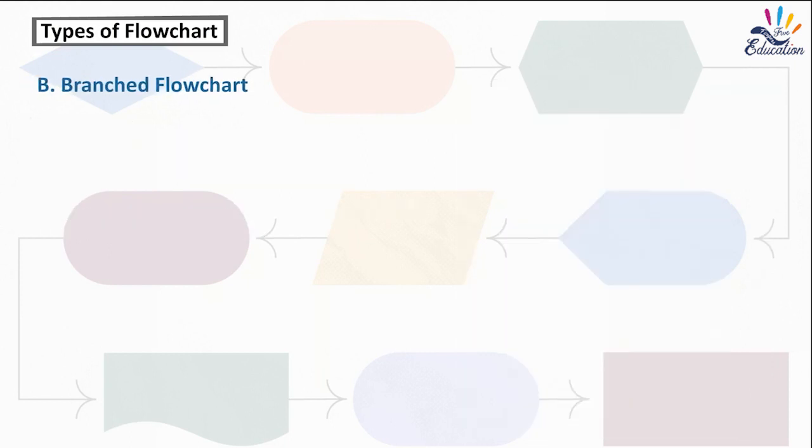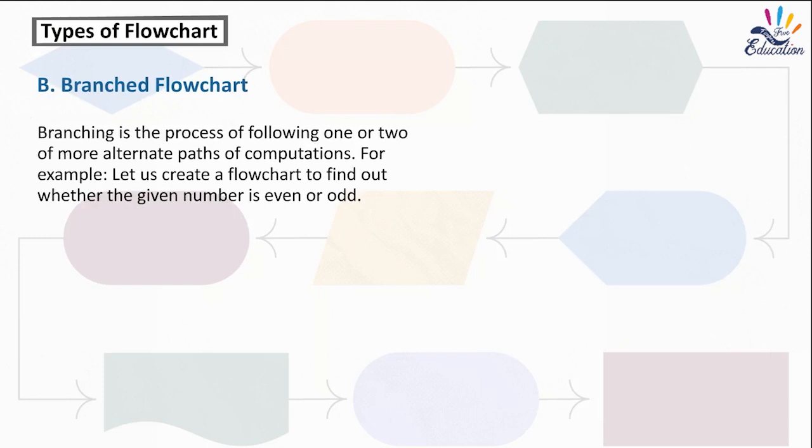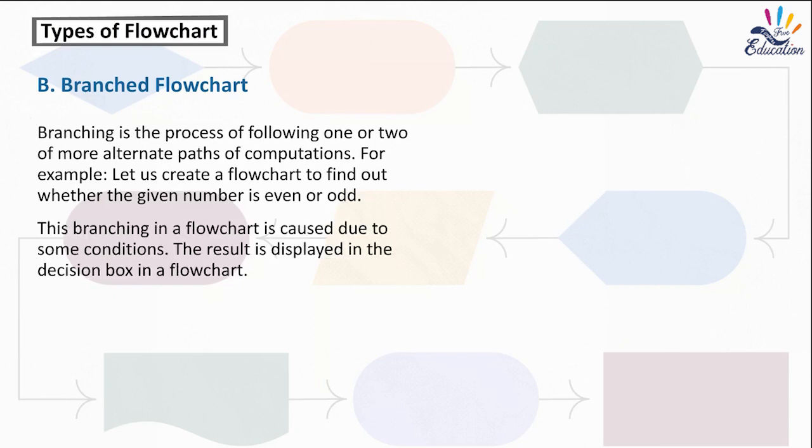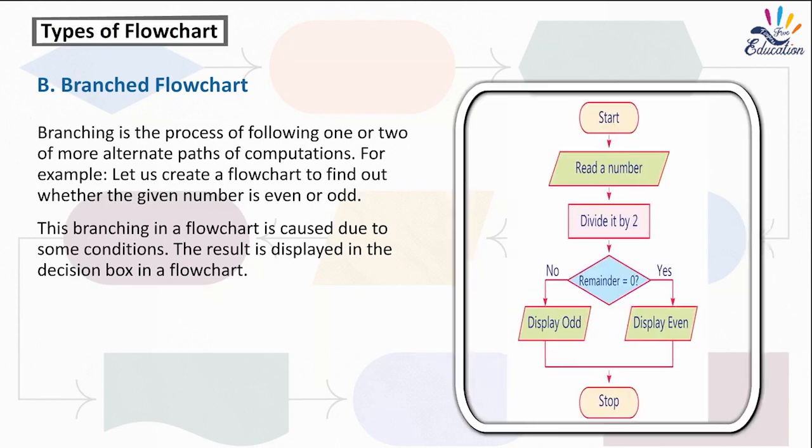Branched flowchart. Branching is the process of following one of two or more alternate paths of computations. For example, let us create a flowchart to find out whether the given number is even or odd. This branching in a flowchart is caused due to some conditions. The result is displayed in the decision box in a flowchart.